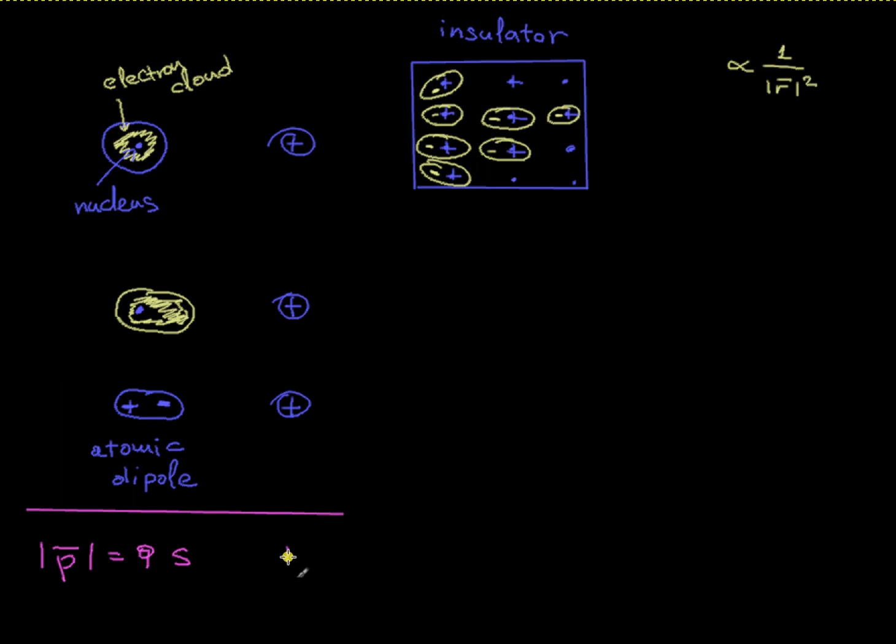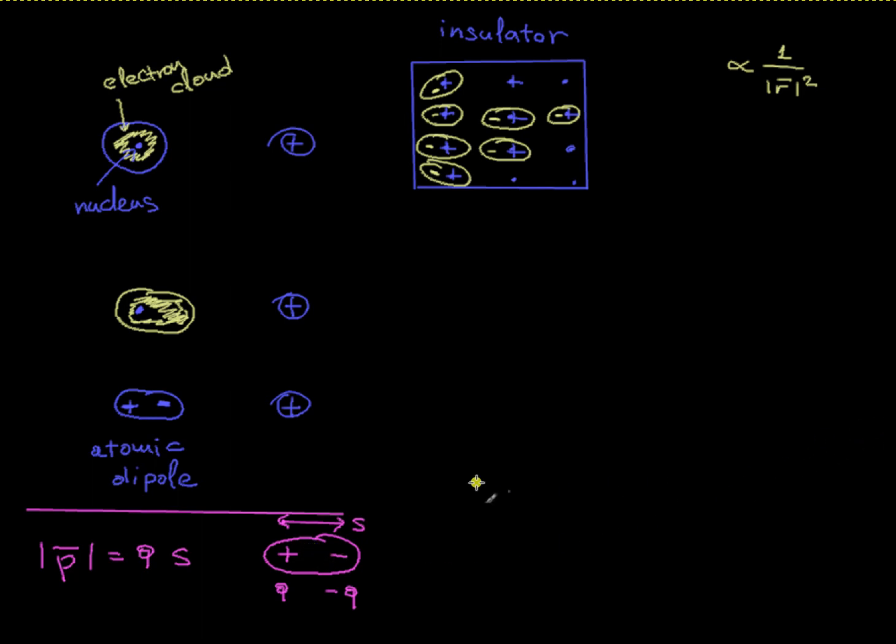So this is my dipole. This is Q here, this is minus Q, and S is the separation between the two. Then Q times S will give me the magnitude of this dipole moment. Every dipole has a dipole moment.